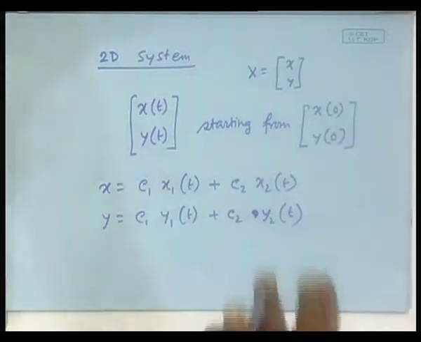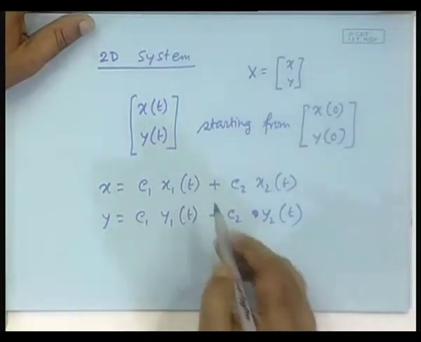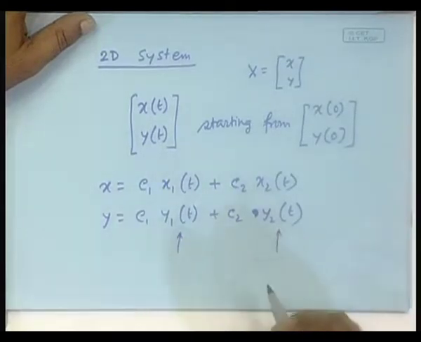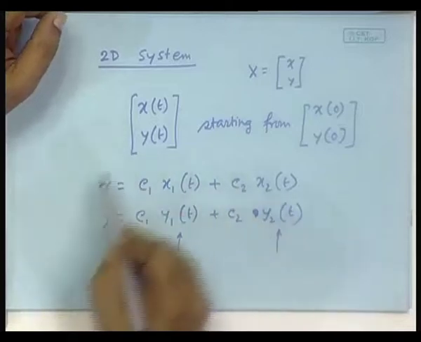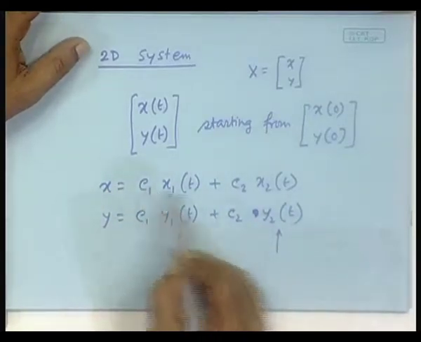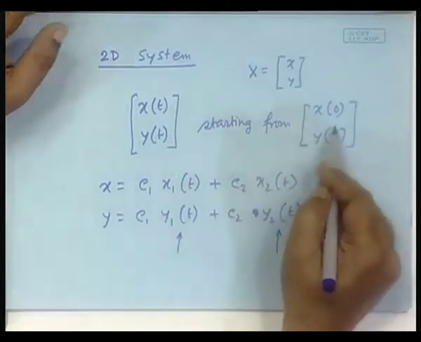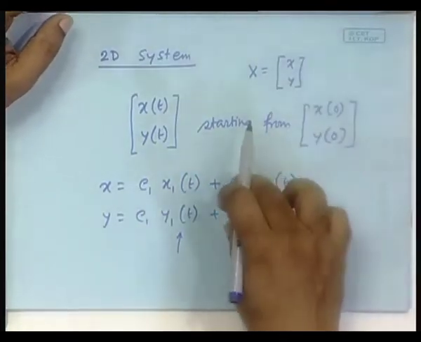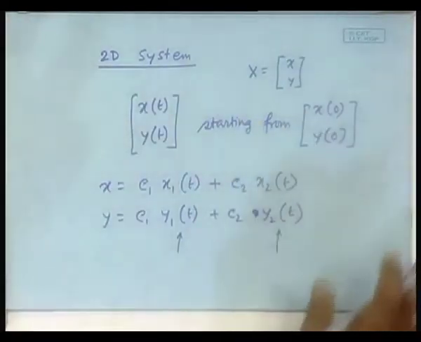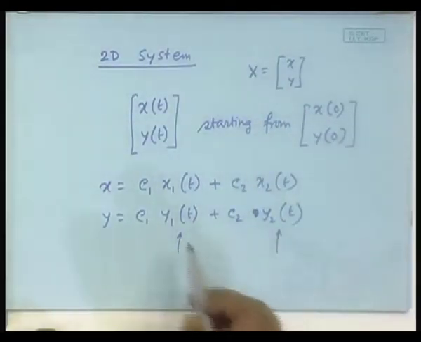How we have obtained it, we will come to that later. So, supposing we have obtained these somehow, then any given solution will be dependent on them. Now, what determines C1 and C2 is the initial condition. So, the crux of the solution in 2D depends on how to obtain these.